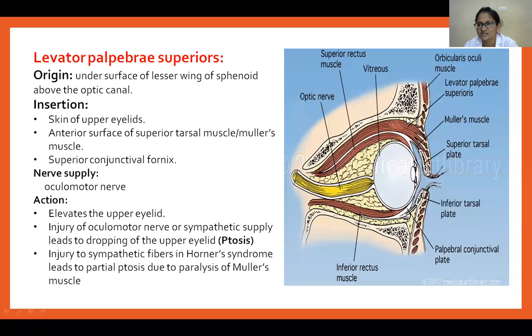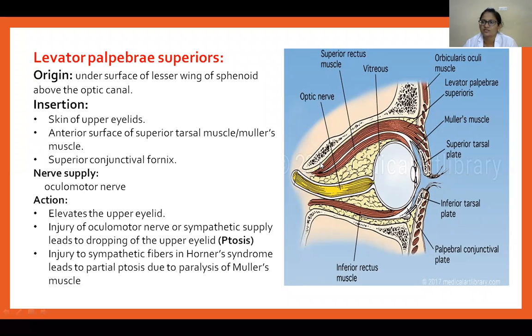It gets inserted into the skin of the upper eyelid, whereas it is inserted into the anterior surface of the superior tarsal muscle, also called Muller's muscle. And it gets attached to the superior conjunctival fornix. This is the insertion for the levator palpebrae superioris.